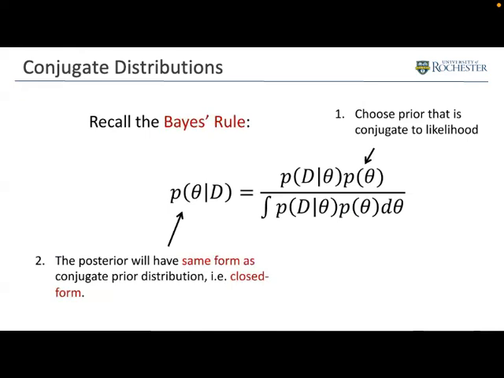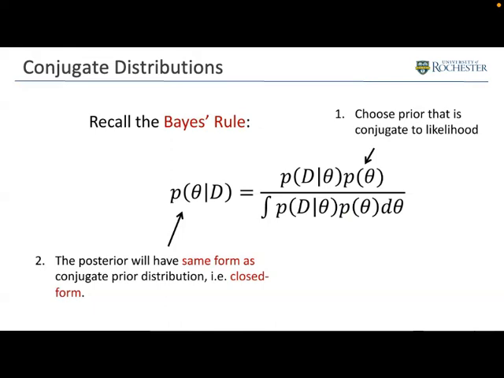If we run an experiment several times and want to update the posterior, then after we run the experiment the first time, we get the posterior, and we can use it as the prior for the second experiment. To do this, we need to make sure that the posterior has the same distribution as the prior distribution.